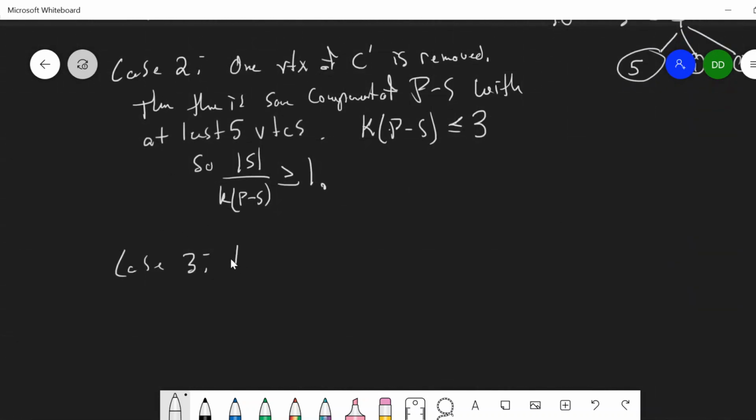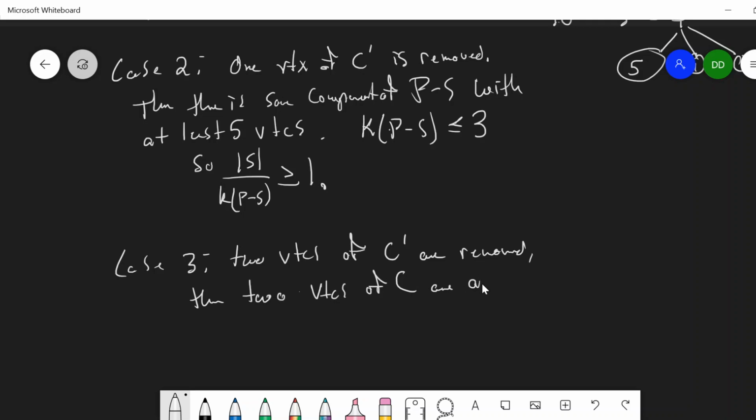So case 3: 2 vertices of C prime are removed, then 2 vertices of C are also removed. In particular, the cardinality of S would have to be 4 here.